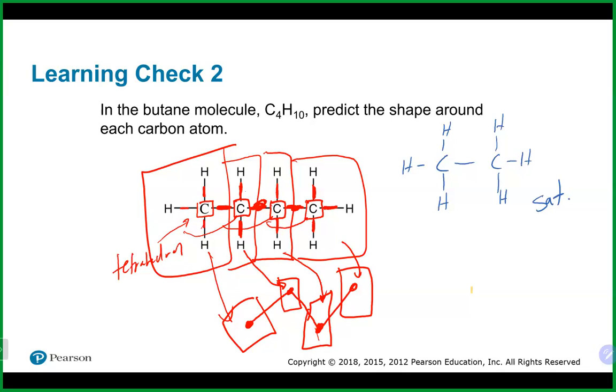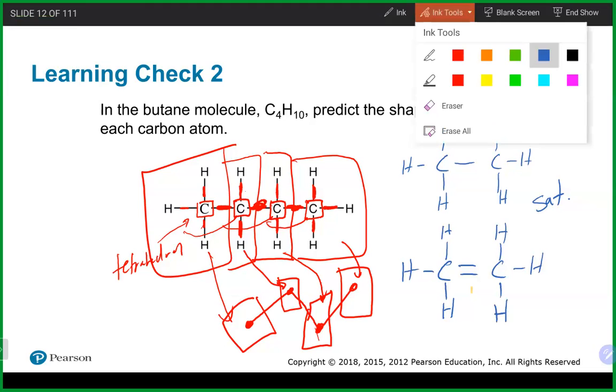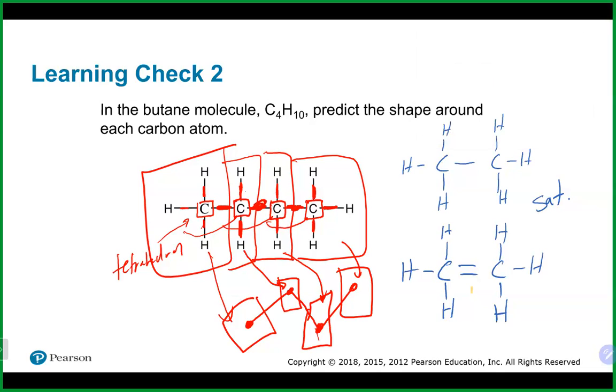If I take the same 2 carbons but want to make a double bond there, the problem is I cannot just leave it the way it is and put the double bond there, because now each of the carbons on each side has too many bonds. It has more than 4 bonds. So once again, in this situation, when we add 1 bond, we actually lose a hydrogen on each of the carbons, and that allows it to maintain the correct number of bonds, correct number of electrons.